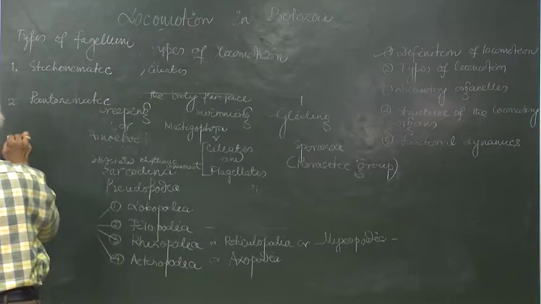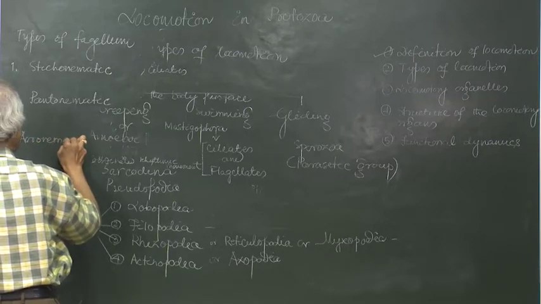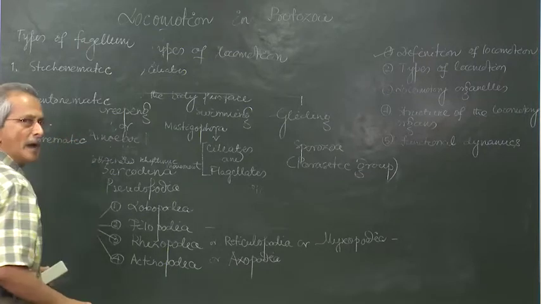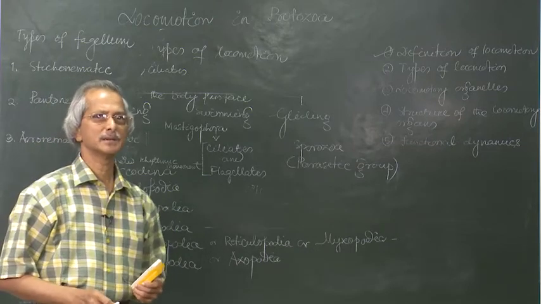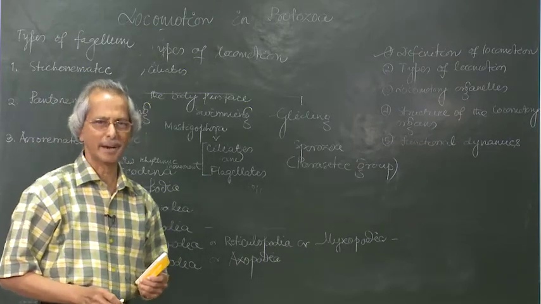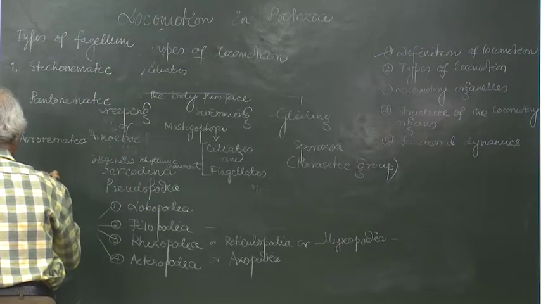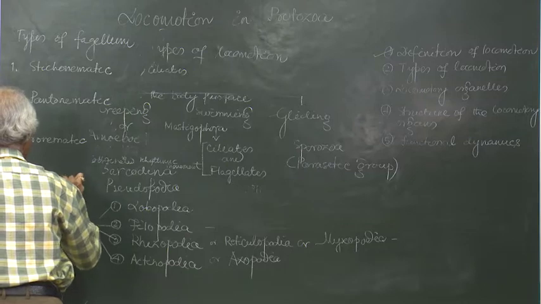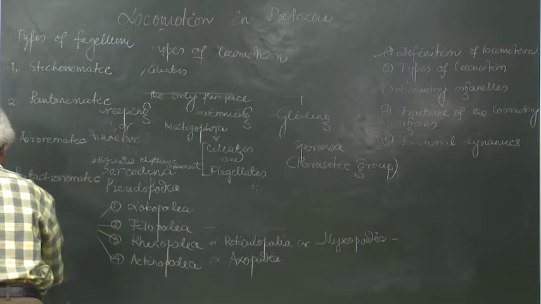Third category of flagella is known as acronematic, and the fourth type of flagella is known as pentachronematic, and the fifth category is simple type.